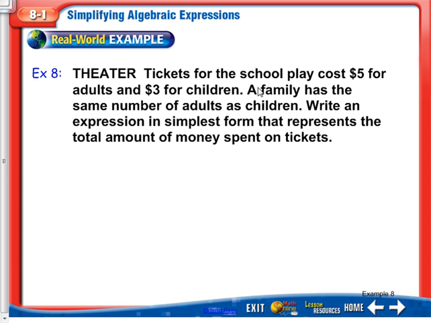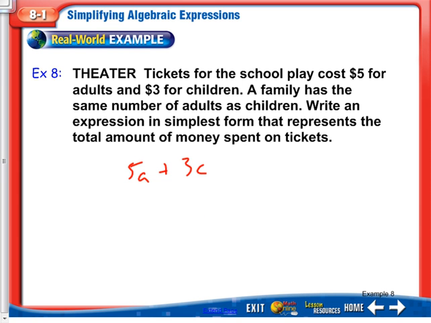Tickets for the school play cost $5 for adults and $3 for children. A family has the same number of adults as children. So write an expression in simplest form that represents the total amount of money spent on tickets. Well, normally I would say 5 times A plus 3 times C. So 5 times the number of adults plus 3 times the number of children.